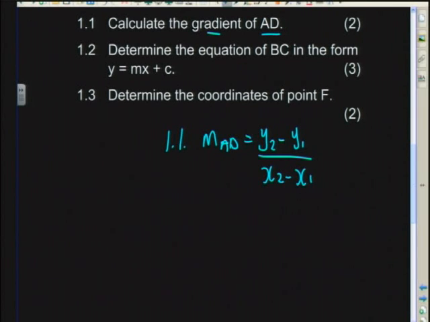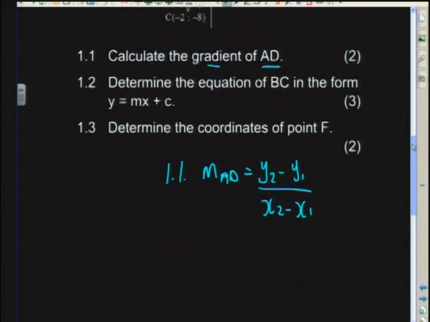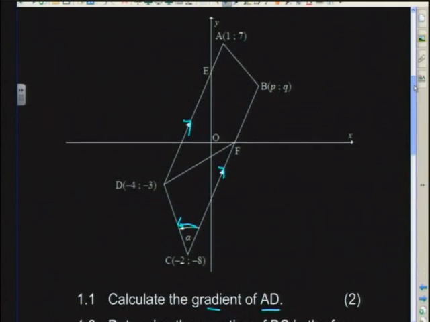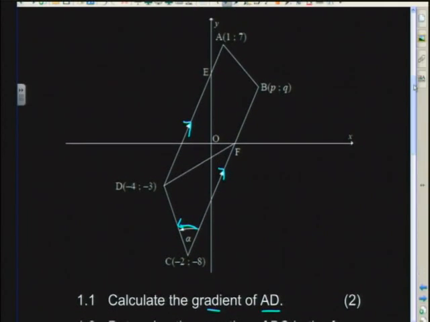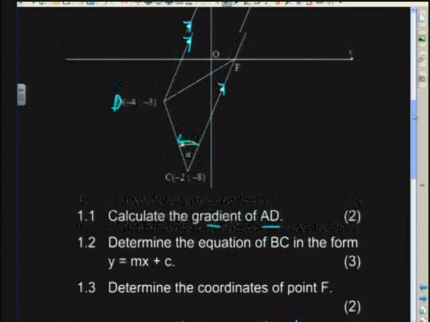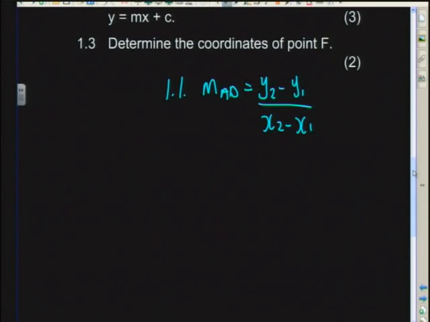Let's look at our diagram and the coordinates of A and then of D. A is (1; 7), that point there. And D is (-4; -3). So we've got A is (1; 7), and D is (-4; -3).